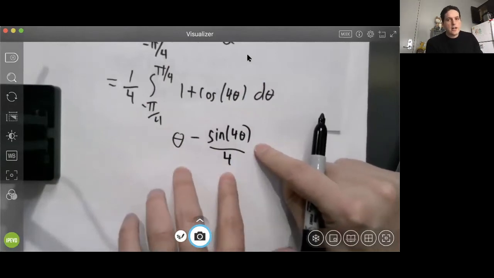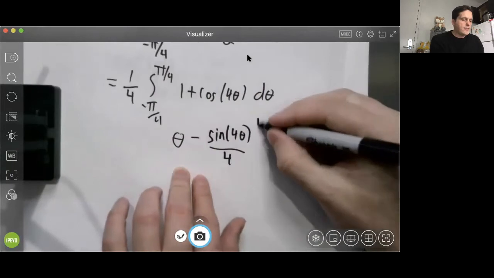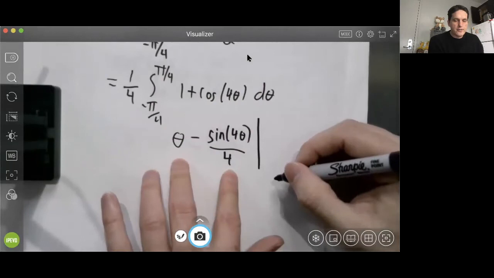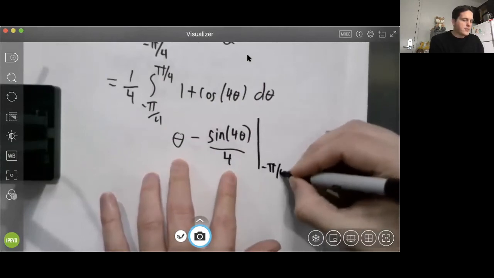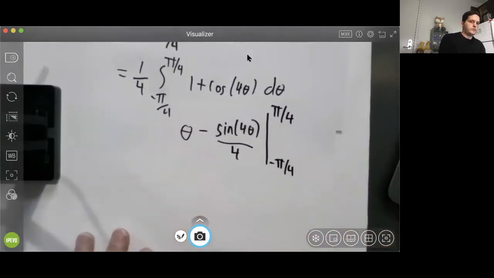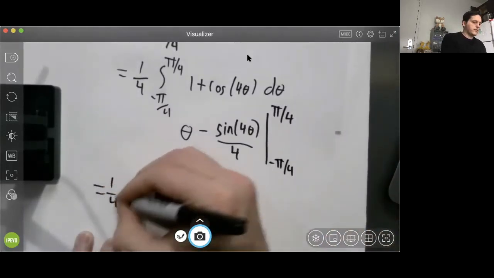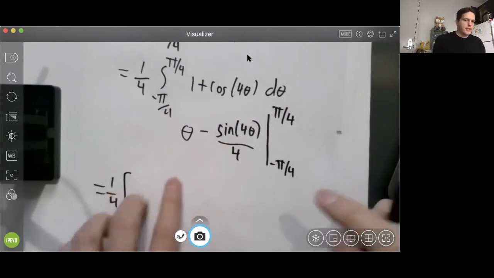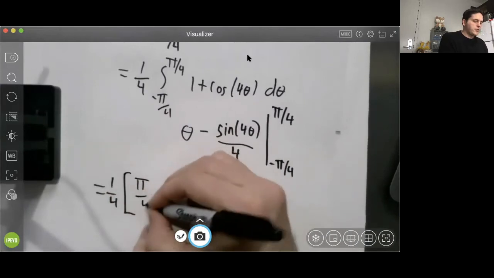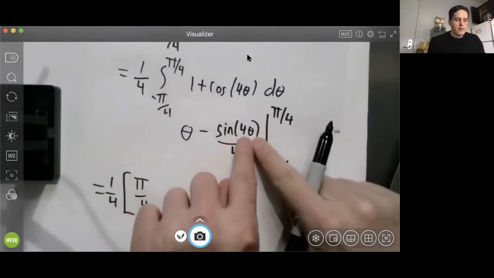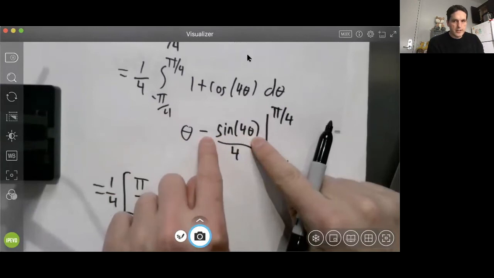So now let's take our antiderivative and evaluate it at the endpoints. So we're going to evaluate our antiderivative from minus pi over 4 to pi over 4. When we plug in pi over 4 for theta, we get here pi over 4, and then here, we get sine of pi, which is 0.